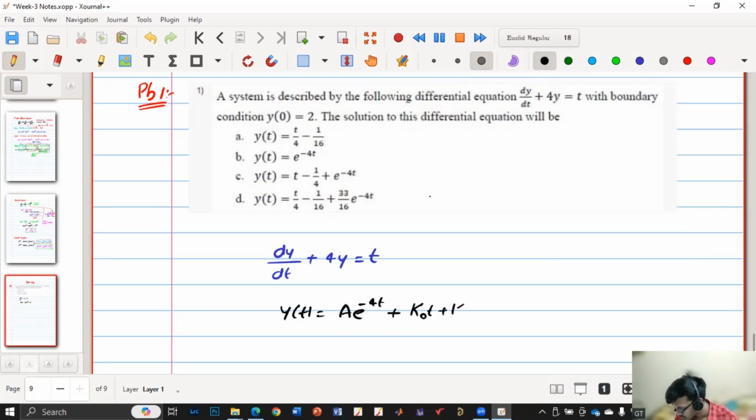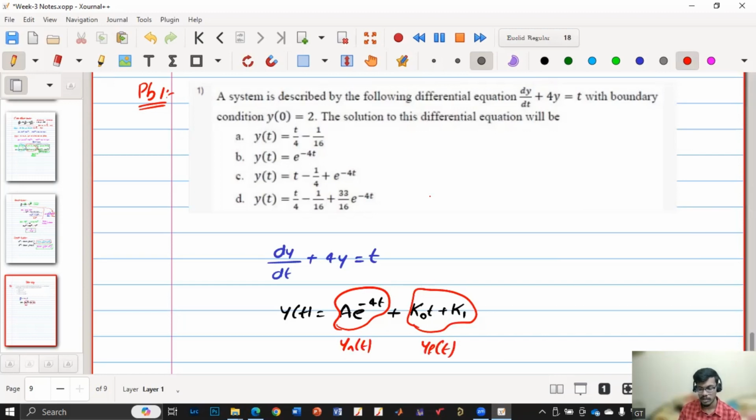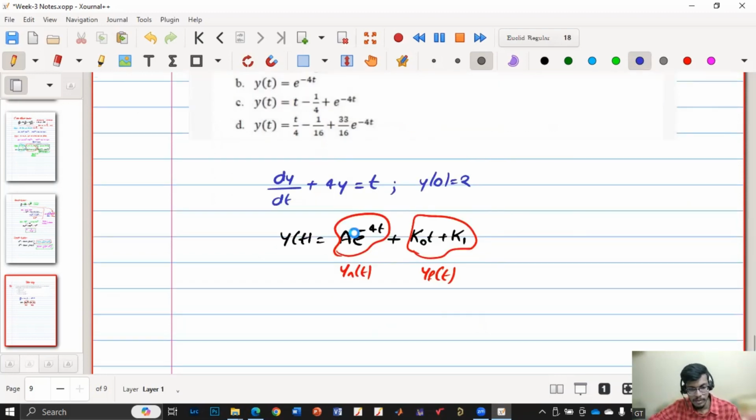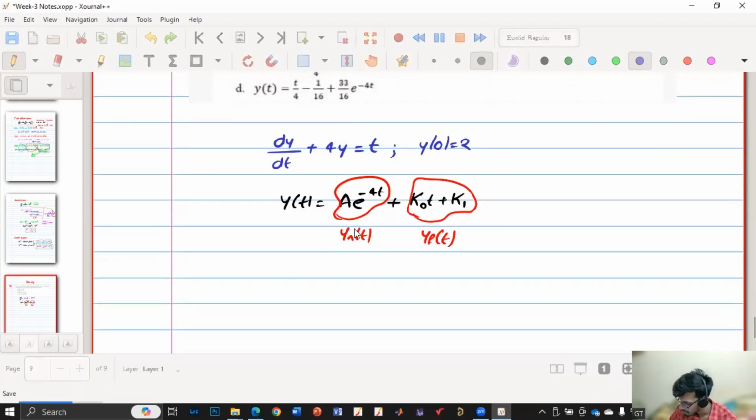Yes. So this is the natural response, and this is the forced response. First we have to write the generalized expression for y of t. After writing that, we will see what the coefficients are. First we'll find the forced response coefficients. How to find K1, K2?